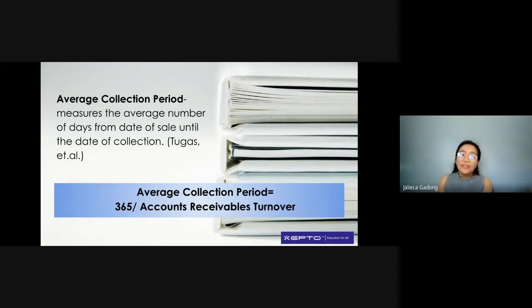So we're going to make use of the formula average collection period is equivalent to 365 divided by accounts receivables turnover. So it's important that before you can actually solve for this, you have already solved for accounts receivables turnover.